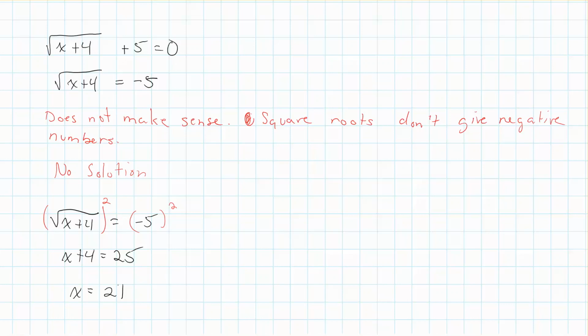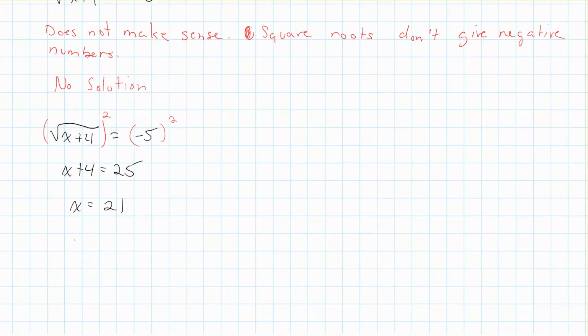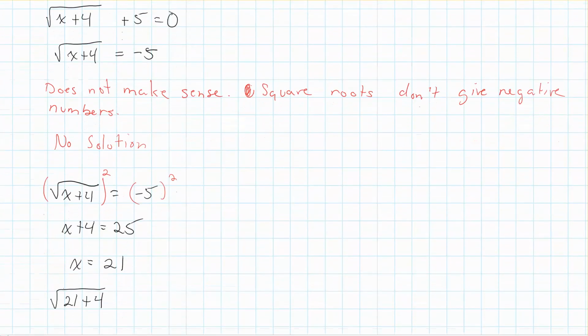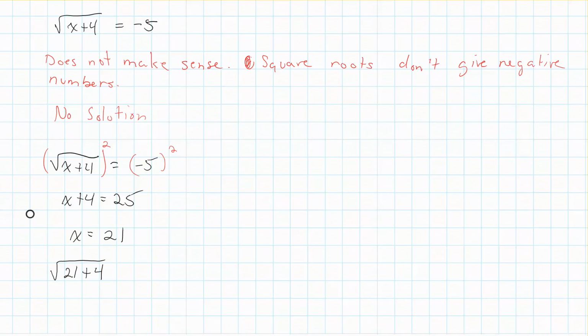Well, this is where it's actually a good habit to get into with radical equations: always check your answer. So does your answer make sense? Well, if you plug 21 in, you have the square root of 21 plus 4, and the original problem was plus 5 equals 0.